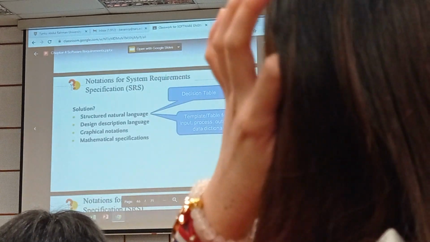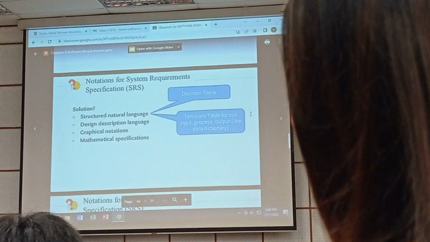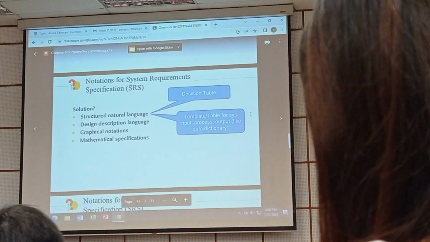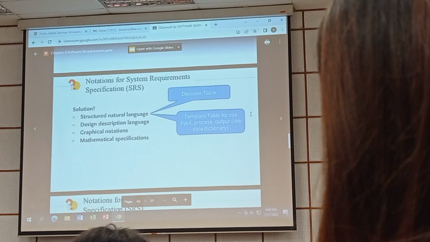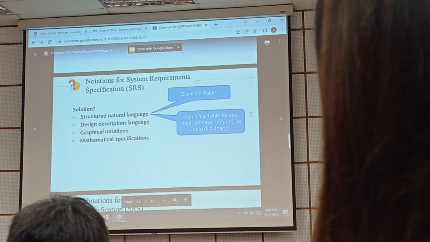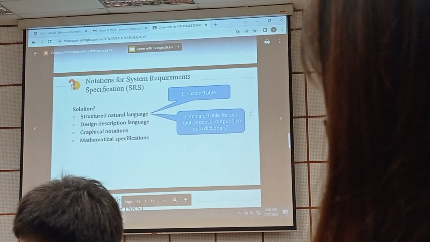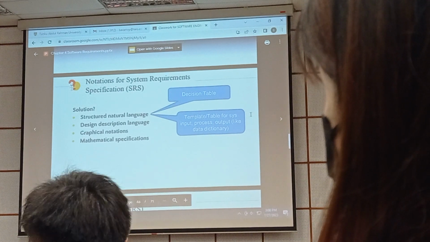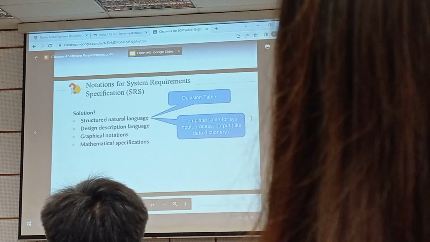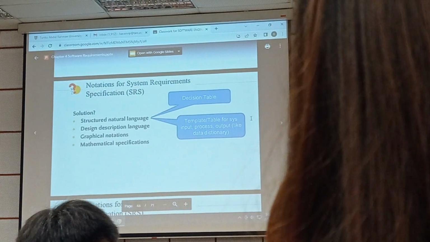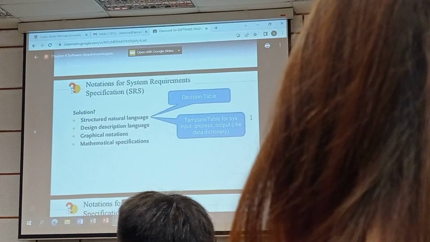The first one is what? Structured natural language. Any ideas what is structured natural language? The structured natural language is the template which I showed you just now.